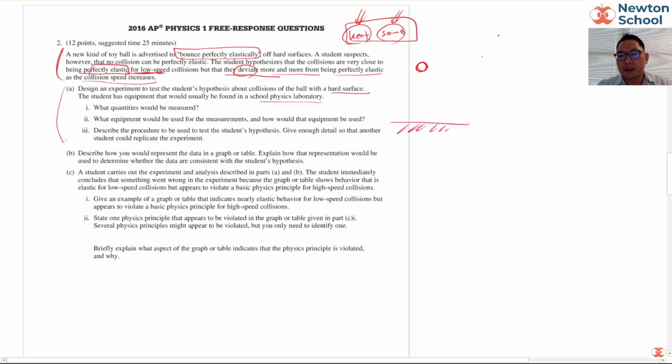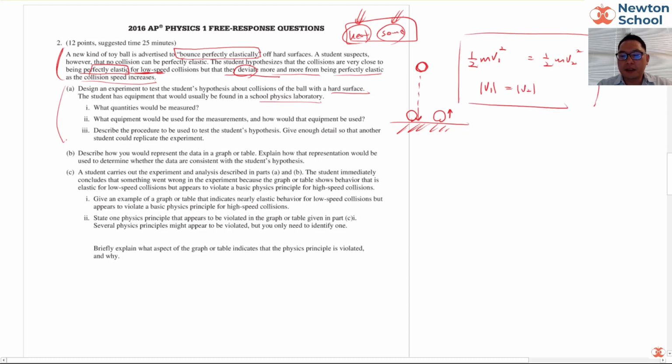So the better explanation is in terms of energy. Before you hit the floor, the ball has kinetic energy, 1/2 mv1 squared, and after the collision it has to have the same energy, 1/2 mv2 squared. So basically the magnitude of v1 has to be equal to the magnitude of v2. That's what I'm trying to say.